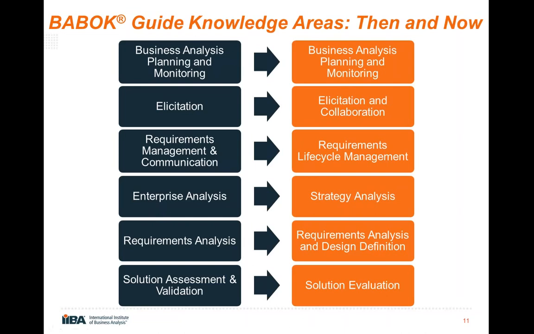Because when we elicit requirements, it's not about just us eliciting those requirements and keeping it to ourselves. It is very important that we collaborate with all our stakeholders and communicate the requirements. Make sure everybody is in sync with what is being elicited. So collaboration became a key element, a key discovery also during the BABOK 3 process that we needed to include.